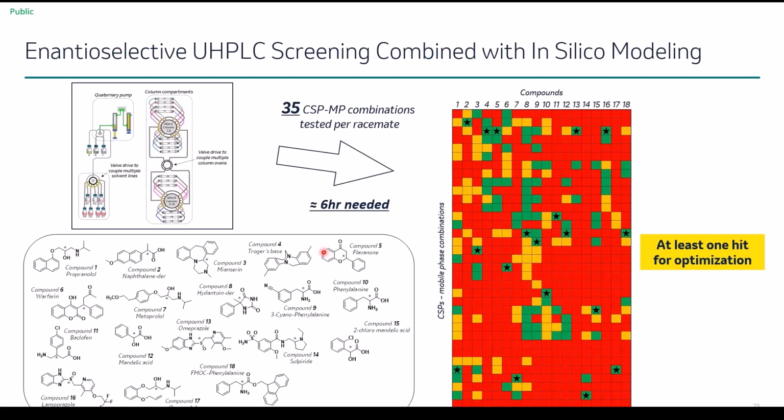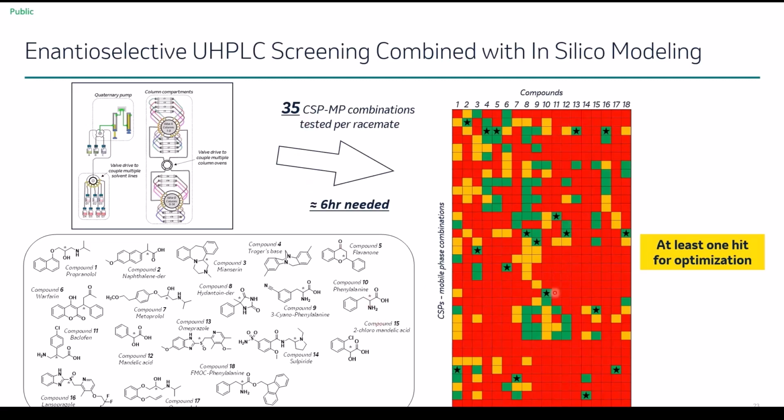Now, the usefulness of automated platforms is that, once again, as we have seen previously for the ion exchange screening platform, we can screen a high number of experimental conditions in a reduced time frame. In this case, we only needed 6 hours to test the 35 conditions for a given racemate.